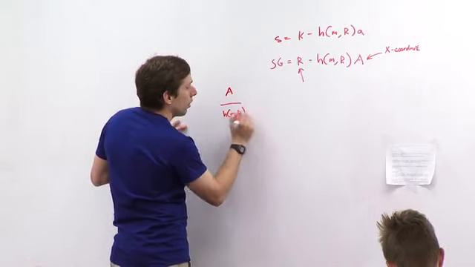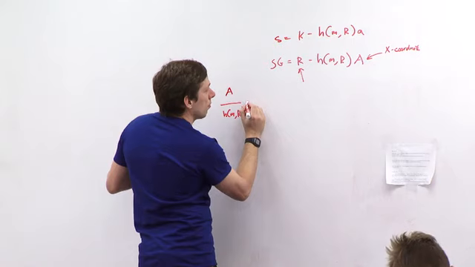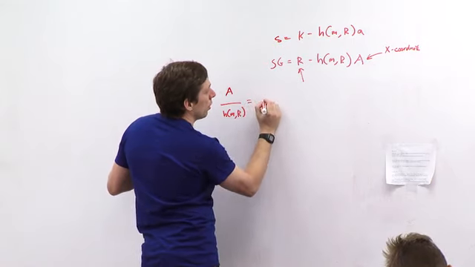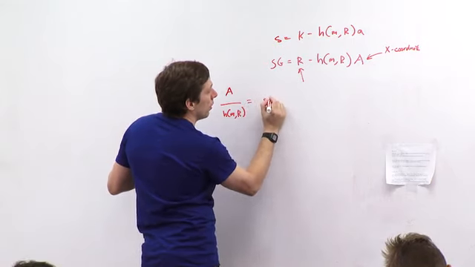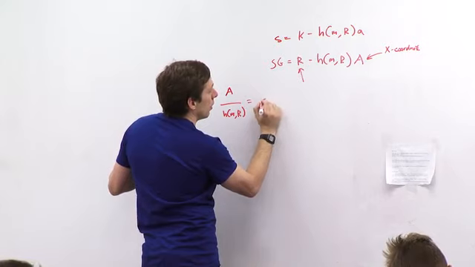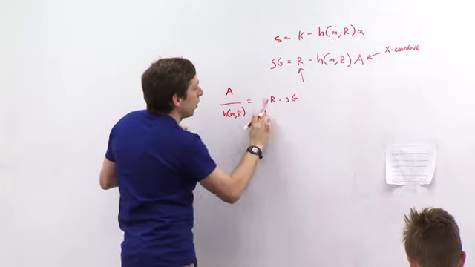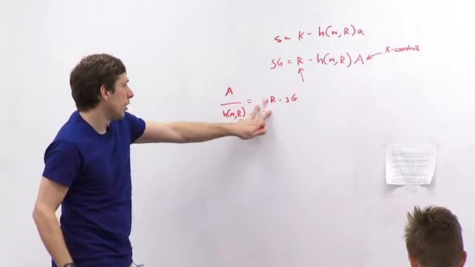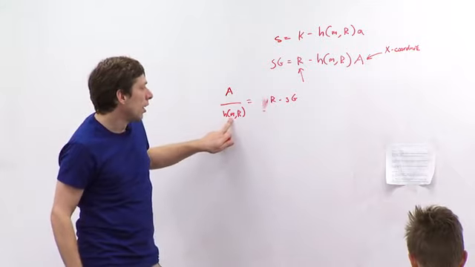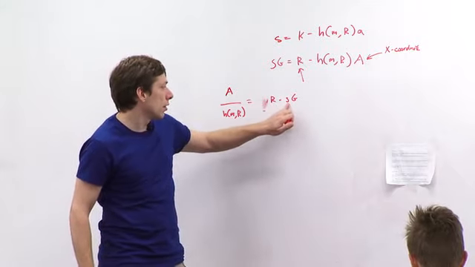Yeah, I can. This is a scalar. It equals R minus SG. So I come up with a random R, put it in here, come up with the message I want to sign, and then solve for A.